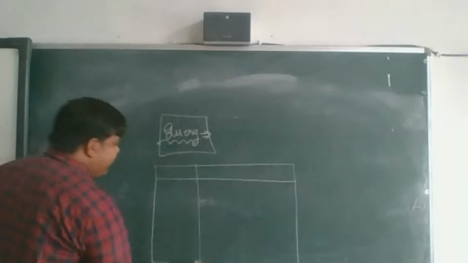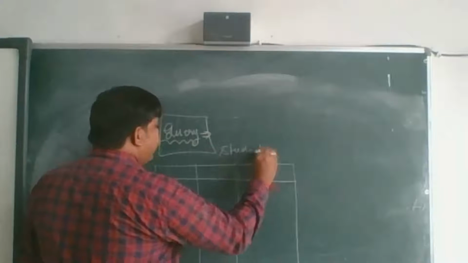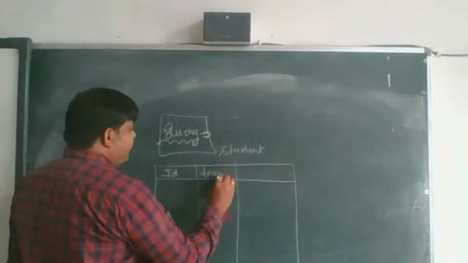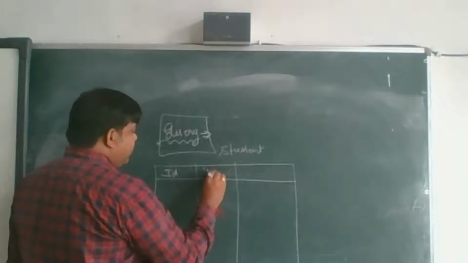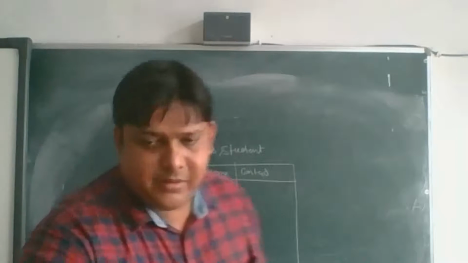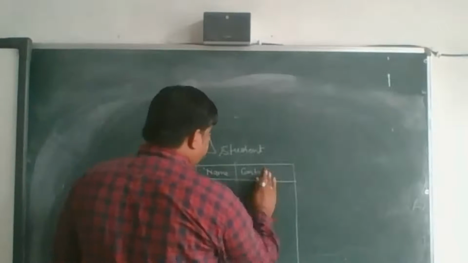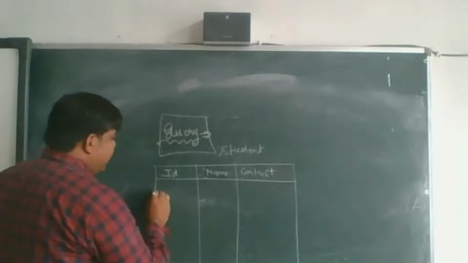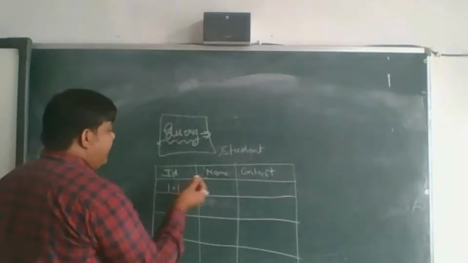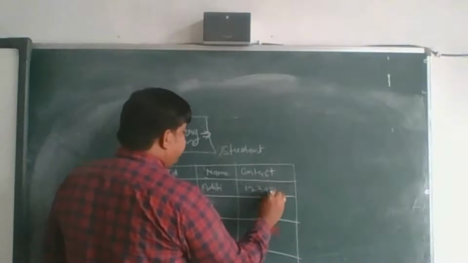suppose in the database we have one table named student, and we have the following fields: ID, name, and contact. We have ID 101, name is Aditi, and contact number is 1234556.